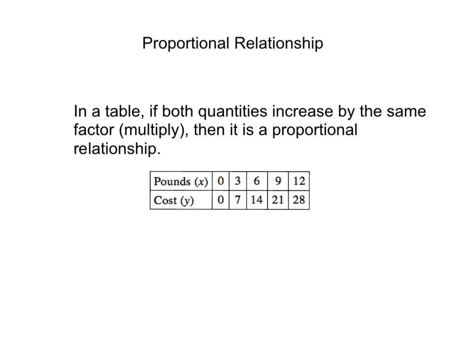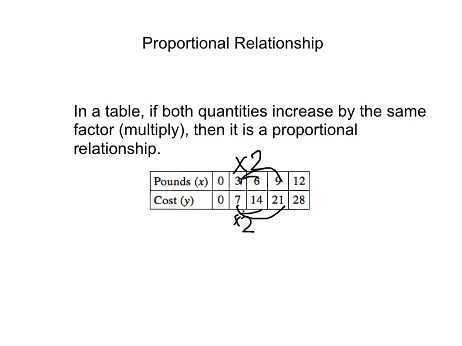If I ignore the zero quantities and start with where pounds equals 3, if I go 3 times 2, that would give me 6. And then the other quantity, if I go 7 times 2, that would give me 14. Again, if I go 3 times 3, that would be 9. 7 times 3 is 21.